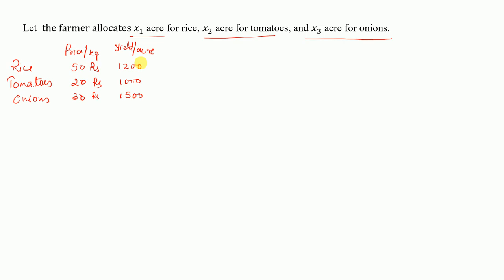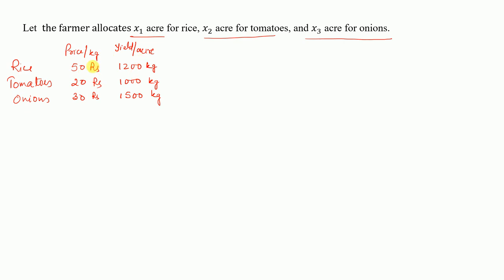Now look at this. This is the yield per acre in kg, and the price per kg is 50 rupees, 20 rupees, 30. So per acre yield of rice is 1200 kg, and the cost of 1 kg is rupees 50.